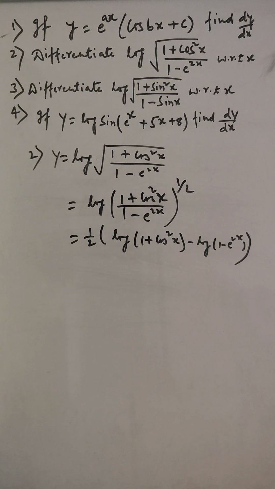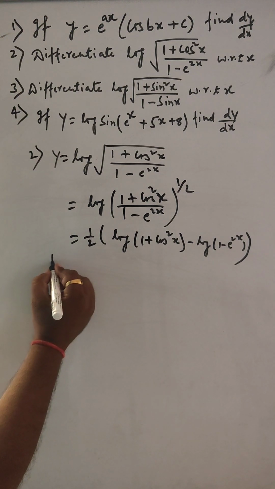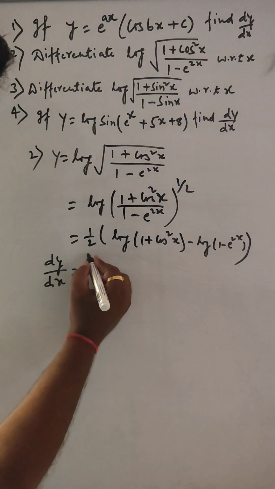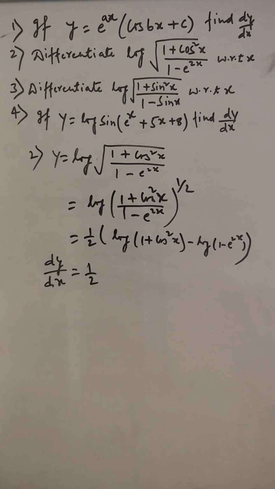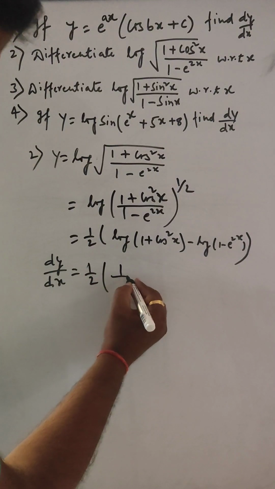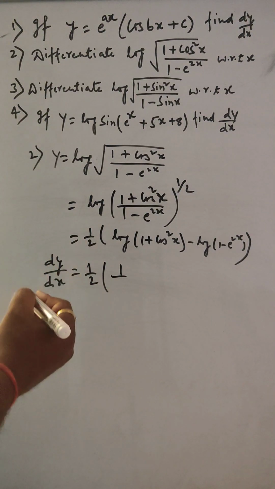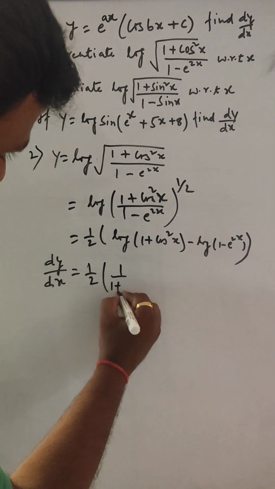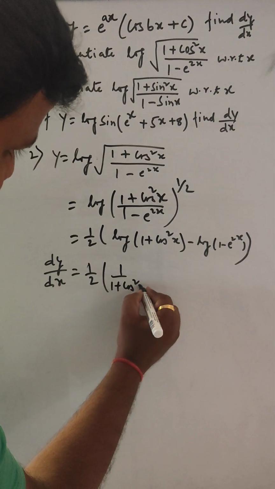Now we can do the differentiation. So how will the differentiation be? dy by dx, what? 1/2. Log x, what is its differentiation? 1/x. So whatever is there will be here, 1 plus cos square x.